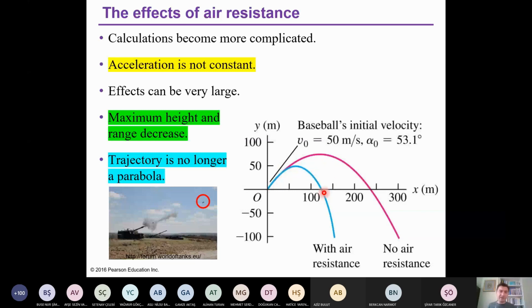So for projectile motion in the fırtına howitzer and also for many defense applications and also for the soccer ball and for the baseball, you have to consider air resistance in your calculations. But within this chapter and also within the problems at the end of this chapter, usually air resistance is neglected. Do we have any question here?